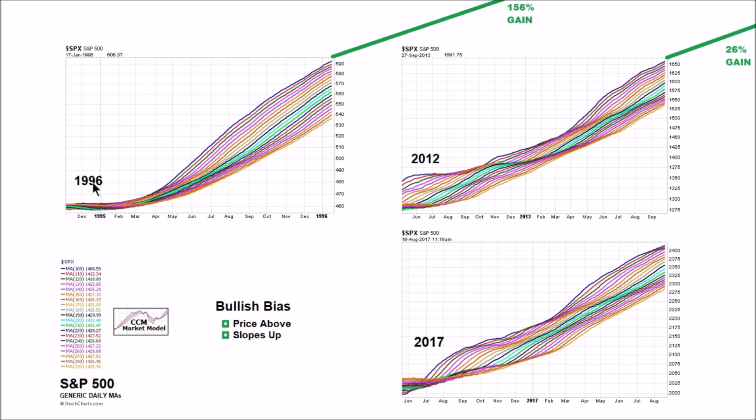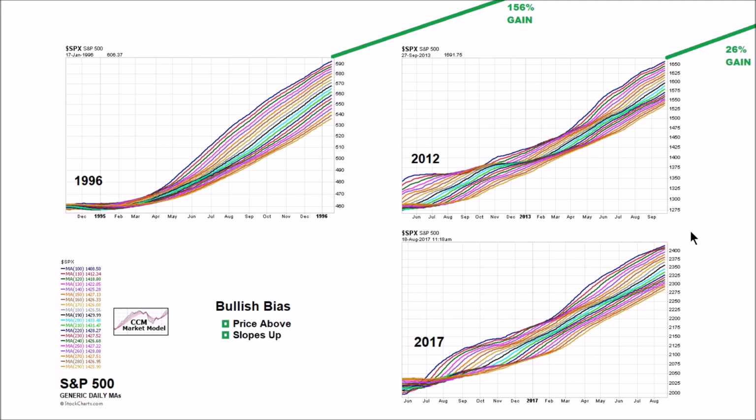In this case, in 1996, the S&P 500 tacked on an additional 156% as it rallied into the spring of calendar year 2000. In this case, in 2013, here, the S&P 500 moved from roughly 1690 to roughly 2134 with a profile like this. That's an additional gain of 26%.